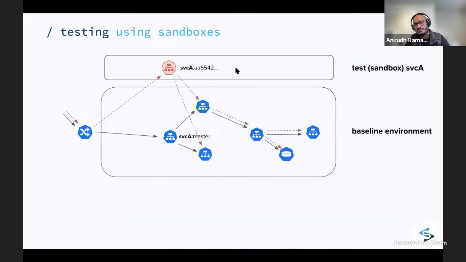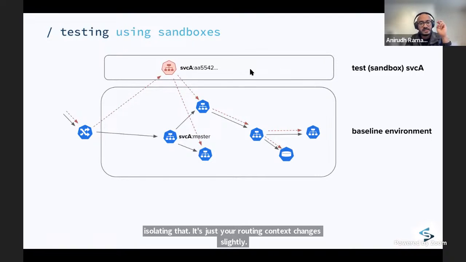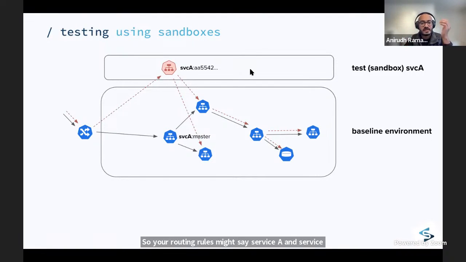If you're asking, can I also isolate an additional microservice in a sandbox? Absolutely. There's nothing stopping you from isolating that. It's just your routing context changes slightly. So your routing rules might say service A and service B have one single routing identifier.